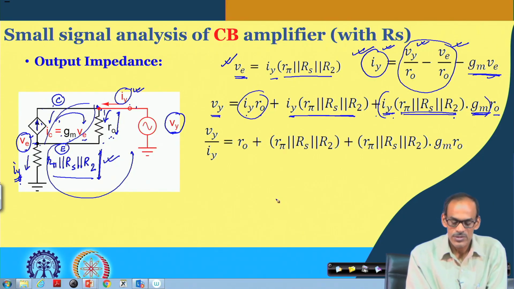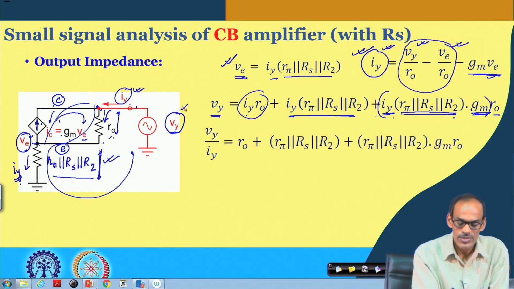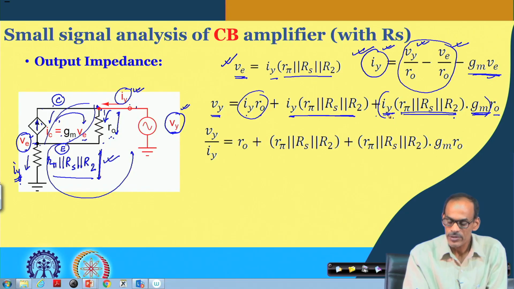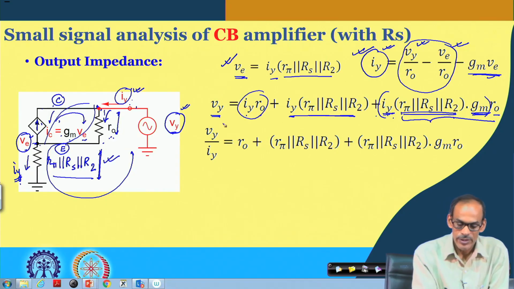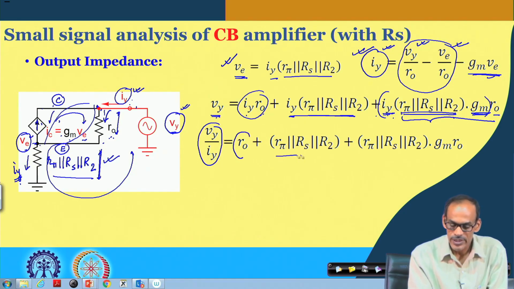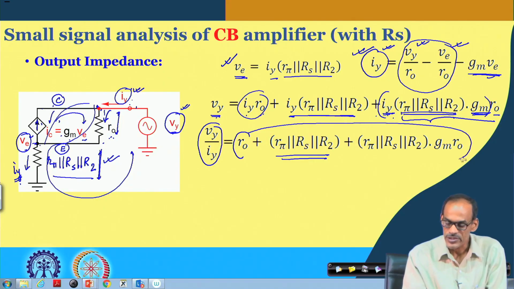So, that gives an idea that the voltage here is having this I y multiplied by a big resistance here. In other words, if I take the ratio of V y divided by I y, what we are getting here is this resistance in series with this big resistance.